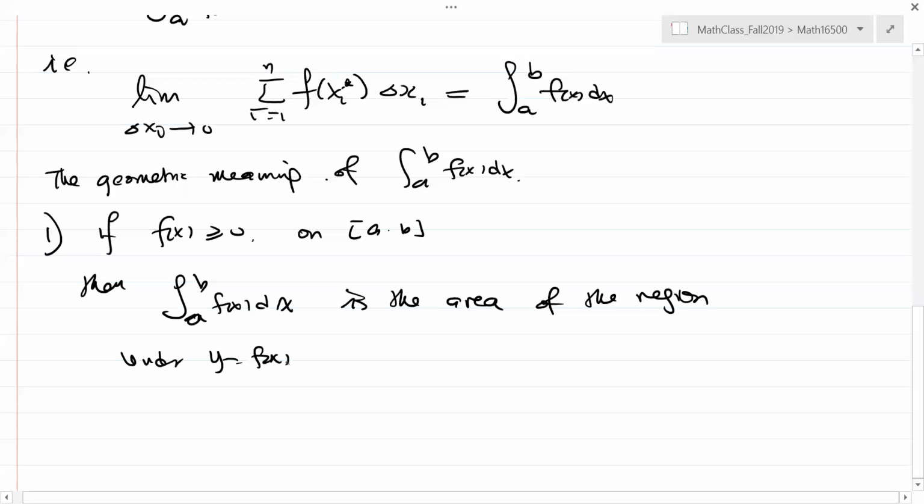That's the geometric meaning. So the integral is just the area of the region.